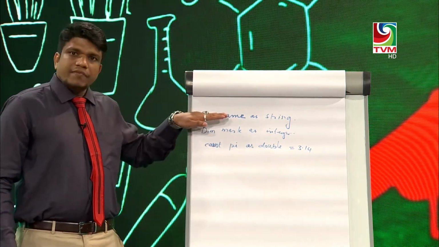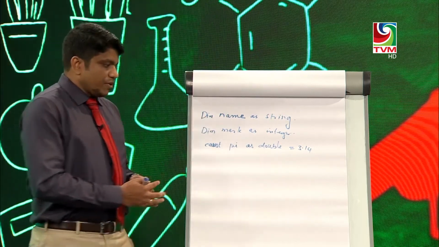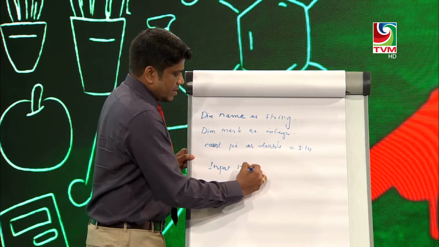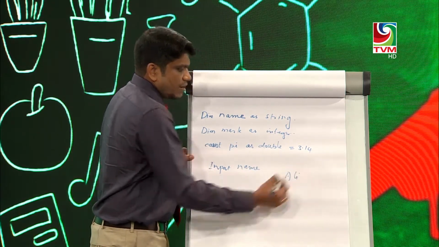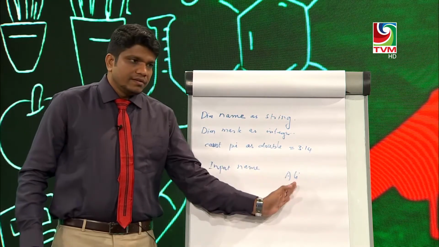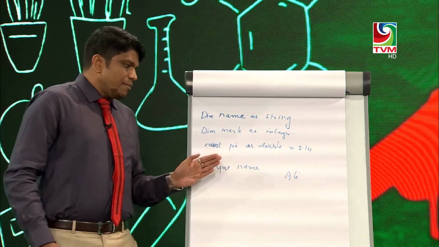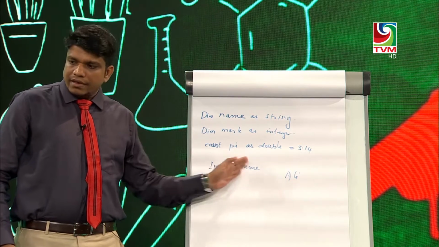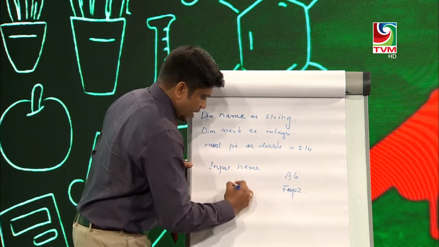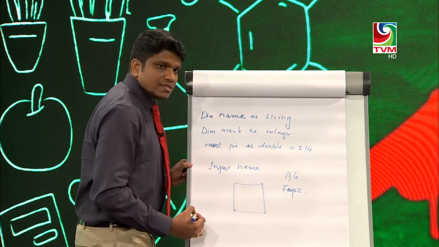But when you are taking the variable name, the first time I am giving input name, I am giving the value as Ali. At this time, the value stored in name is Ali. Then again I am executing this line, and consider I am giving Fayaz.